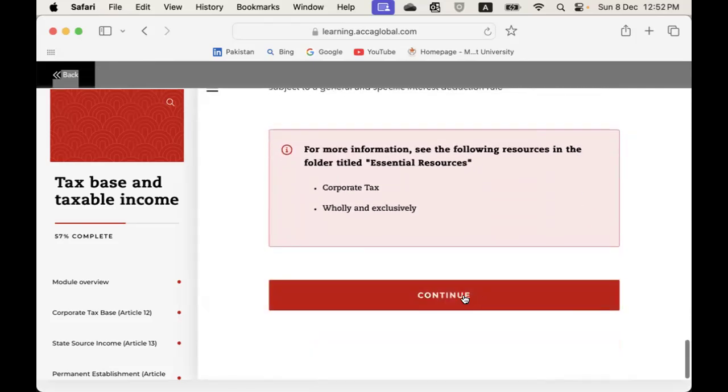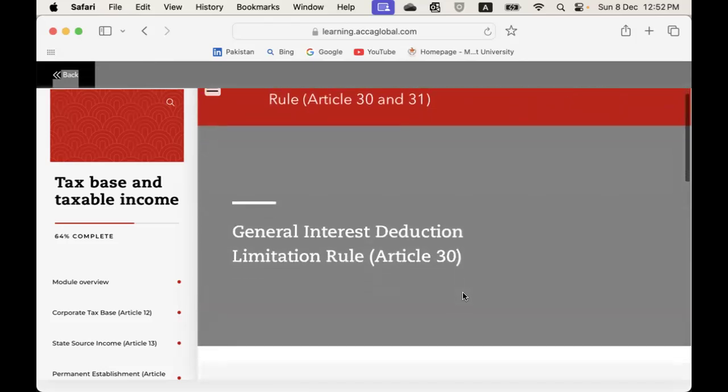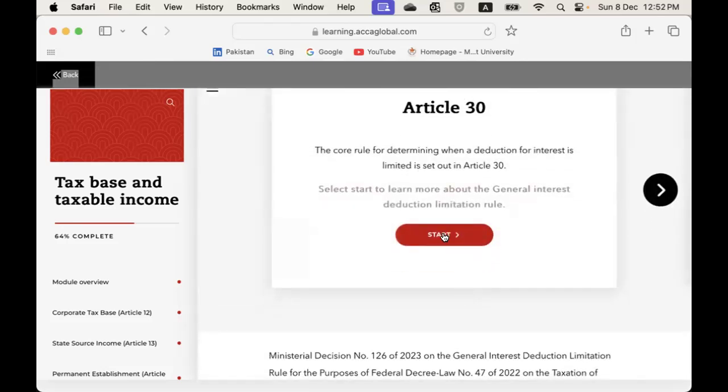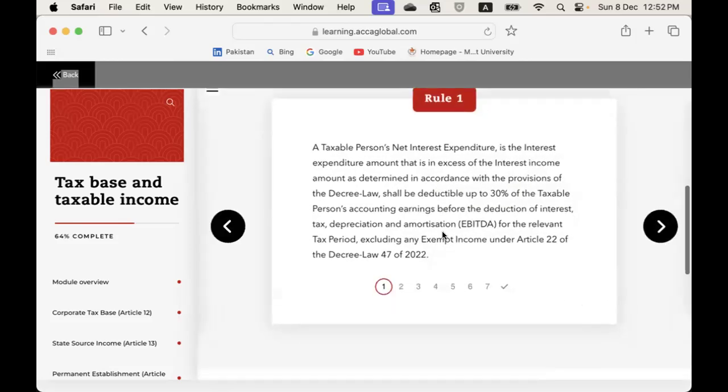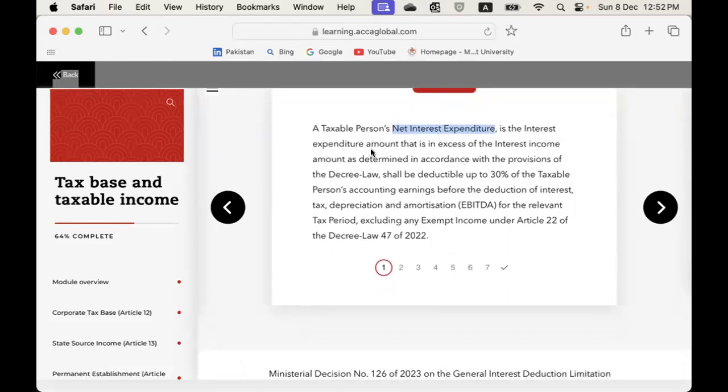And let's go to the details of the interest deduction limitation. So there is an Article 30. Let's have a look at it. First rule, taxable person's net interest expenditure. We need to remember that the wording the corporate tax decree is using here is net interest expenditure, which means the interest expenditure amount that is in excess of the interest income.